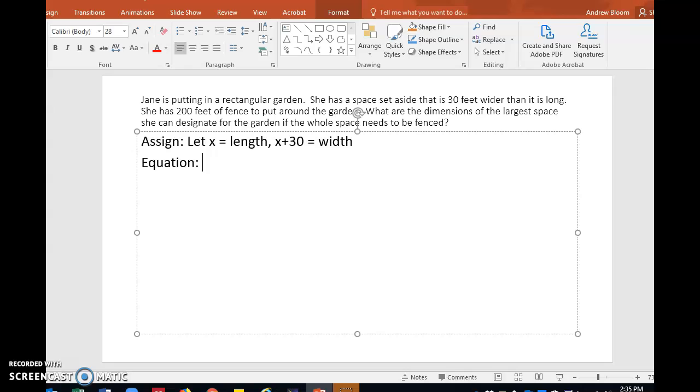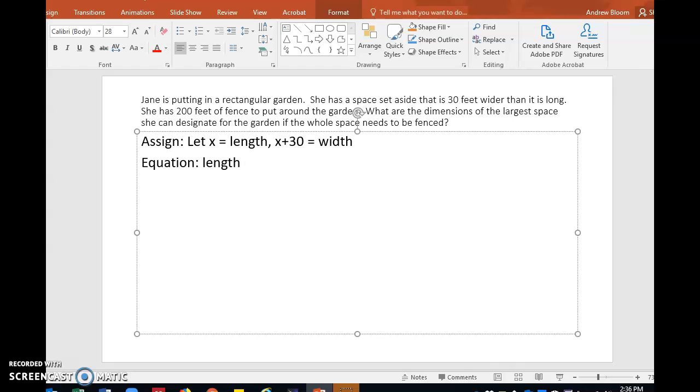The next thing we need is to write an equation. Again, we're looking at perimeter, just like we were in the traffic island problem. We have 200 feet of fence to put around the garden, and so that's going to be the perimeter, right? The distance around the outside of the object. You're welcome to know the formula for the perimeter of a rectangle, but it really doesn't matter.